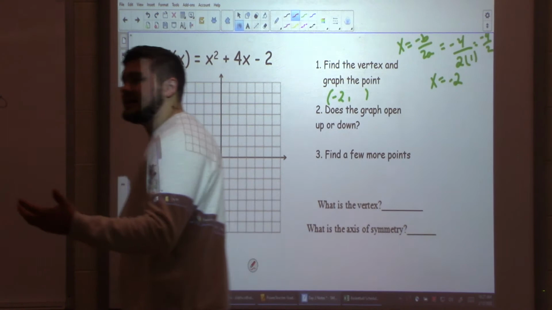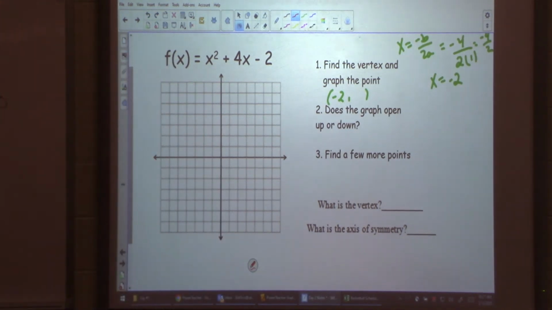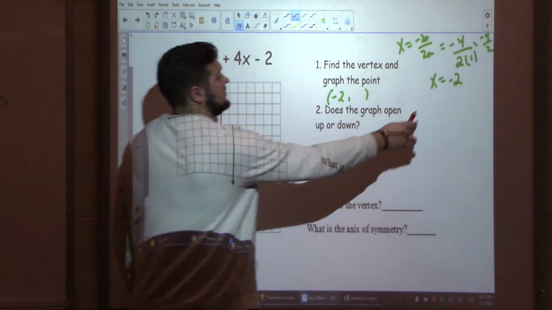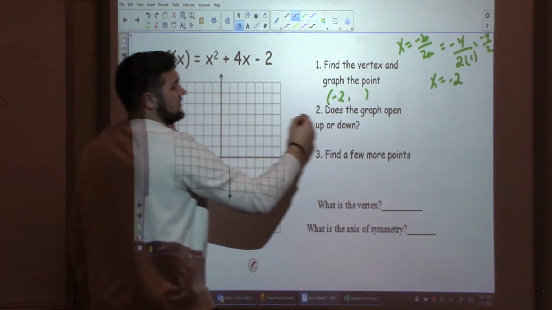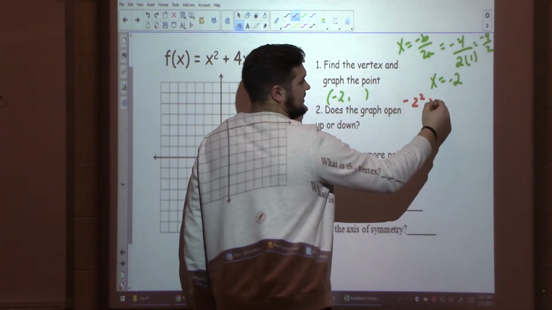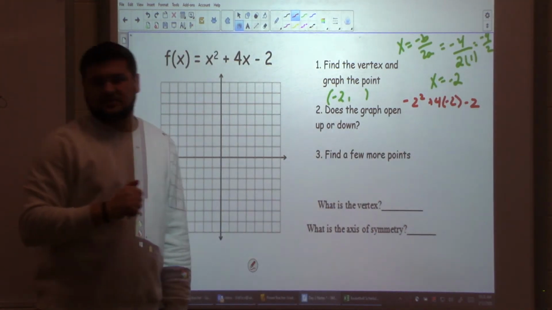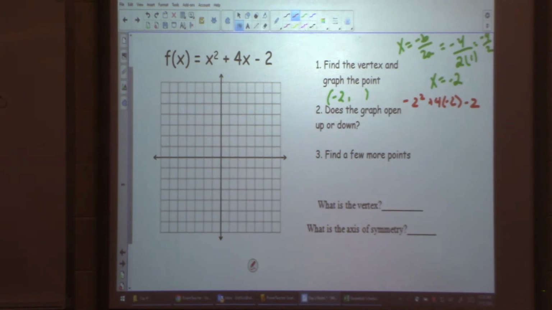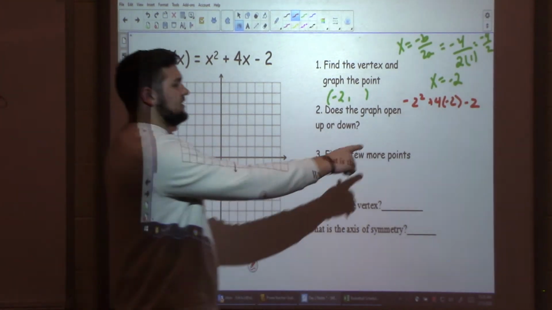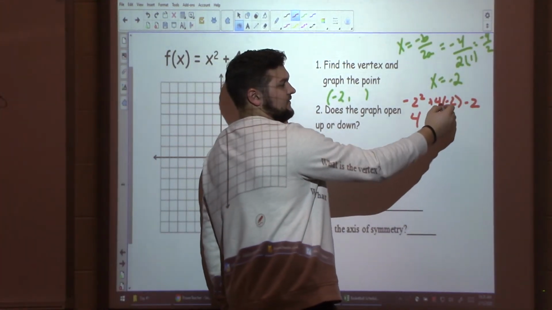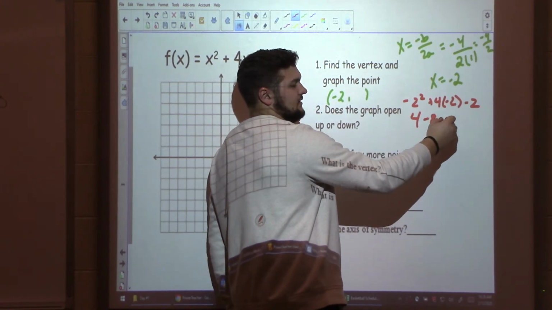How do I find that blank? How do I find the y value? Plug it back in. So take your negative 2, plug it into your equation. Negative 2 squared plus 4 times negative 2 minus 2. Negative 2 squared is positive 4. 4 times negative 2 is negative 8.